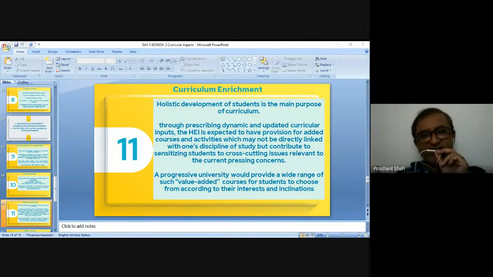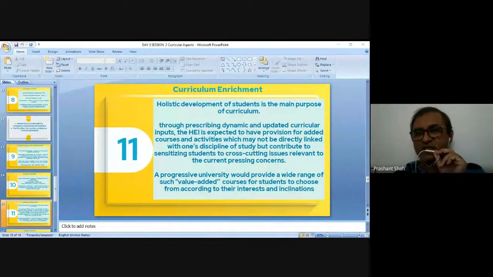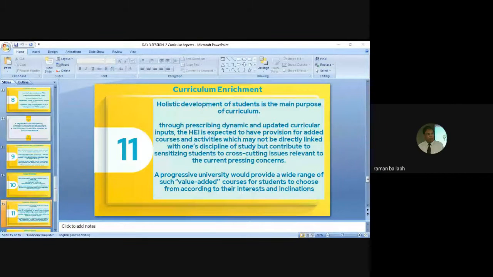Statistics is basically an interdisciplinary subject, so in the beginning at the FYBSc level, it is your responsibility in your institution to make some value addition to it. That is known to you, that statistics can be used here, here, and here.